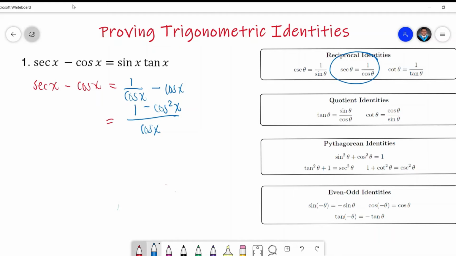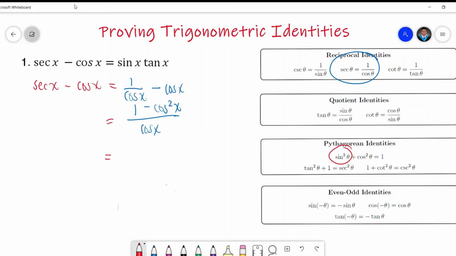Okay. Now, ang next natin gagawin dito is, of course, alam naman natin na itong si 1 minus cosine square x, that is a Pythagorean identity. So that means we can use the equivalent identity of 1 minus cosine square x, which is, of course, sine square x.